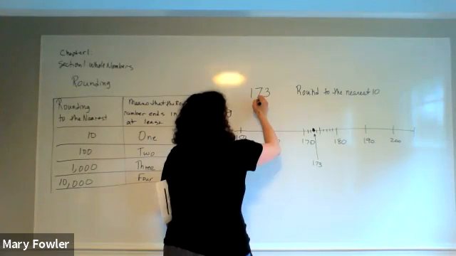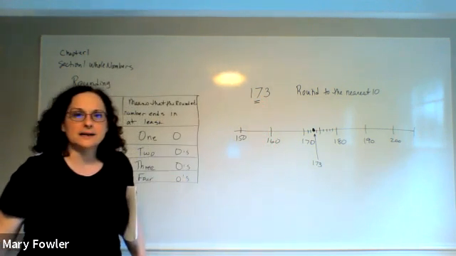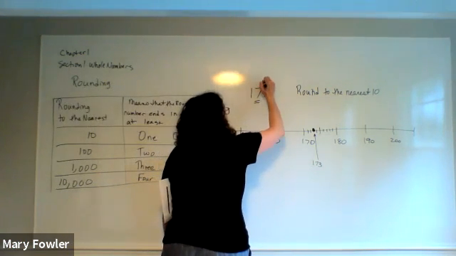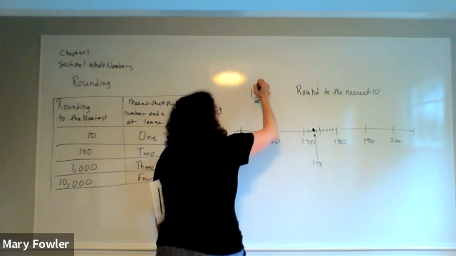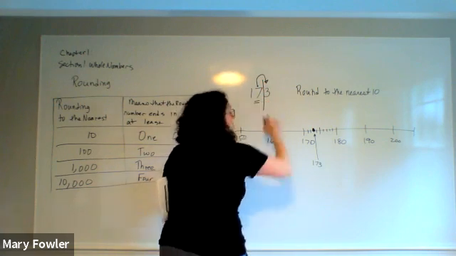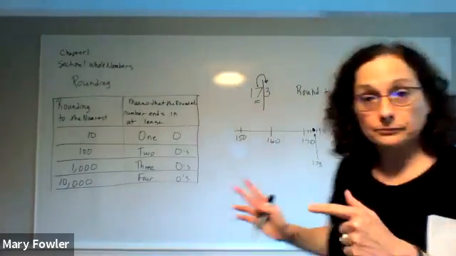When I round, I take the number that's in the tens place. Remember the place value table. In this case, that number is the 7. Now I'm going to build a wall, the rounding wall, and I'm going to stand right here and look over the wall at that digit. So all I see is that digit.